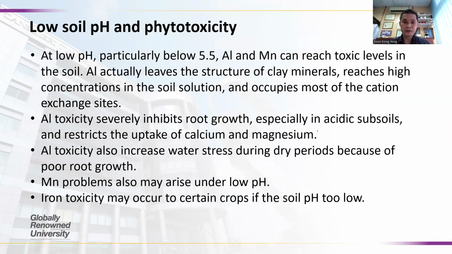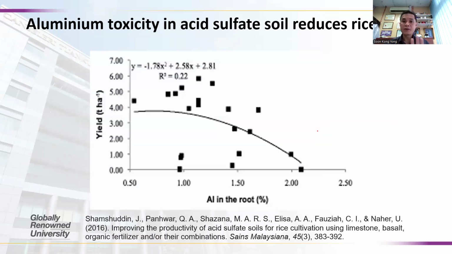So like I told you earlier, soil pH and phytotoxicity. I think I will skip this one because I've already explained it earlier, and show you the real data. This is the graph that I have collected from a research paper published by Professor Shamsuddin of UPM in 2016. They conducted research on rice yield from a paddy soil that is considered acidic, acid sulfate soil.